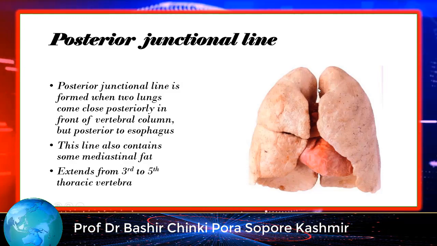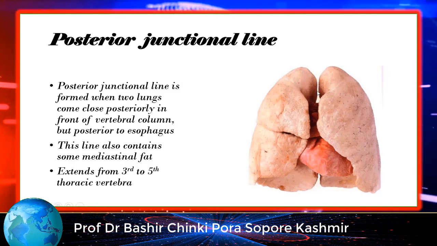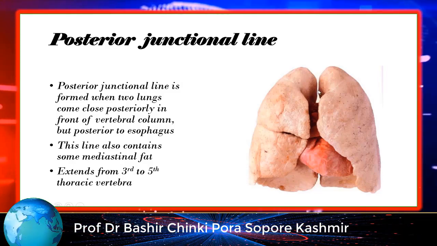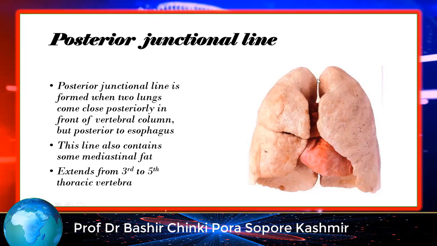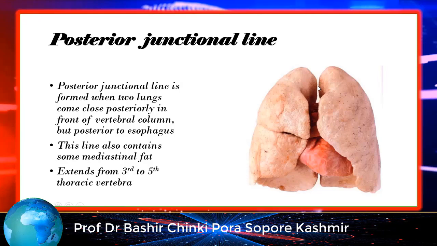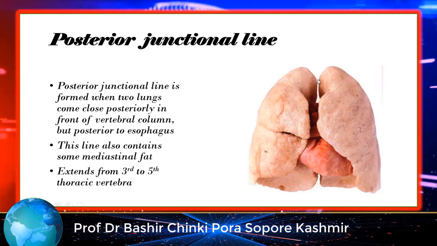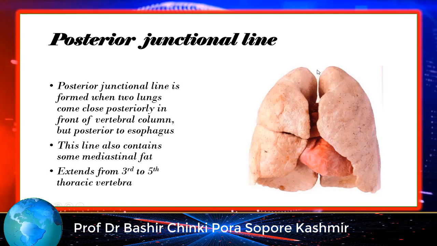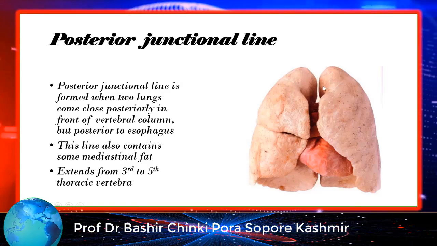This intervening area, the posterior junctional line, also contains some mediastinal fat, and it extends from the third to the fifth thoracic vertebra.